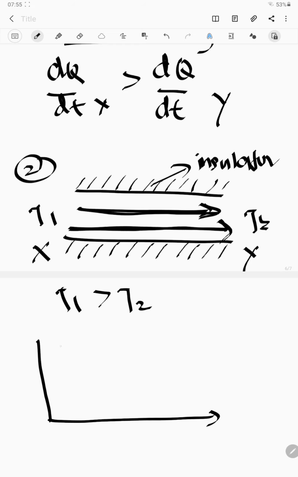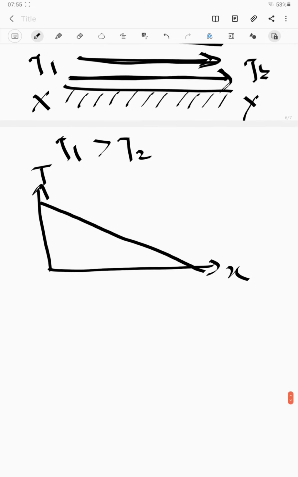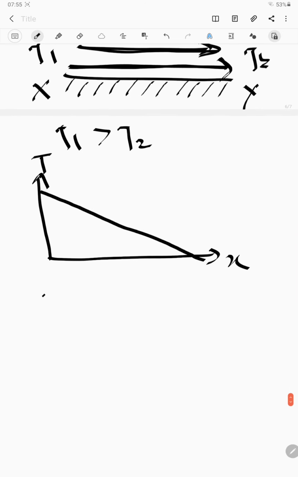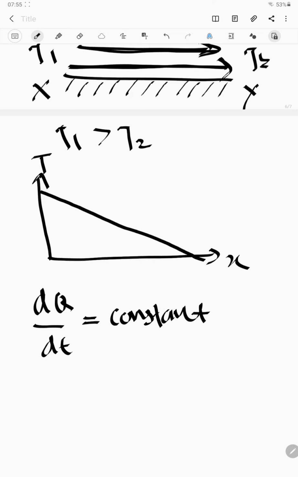Jadi dia punya graph, temperature against length, akan jadi constant macam tu lah. So kita akan dapat dQ over dt equal to constant along the metal bar X, Y.